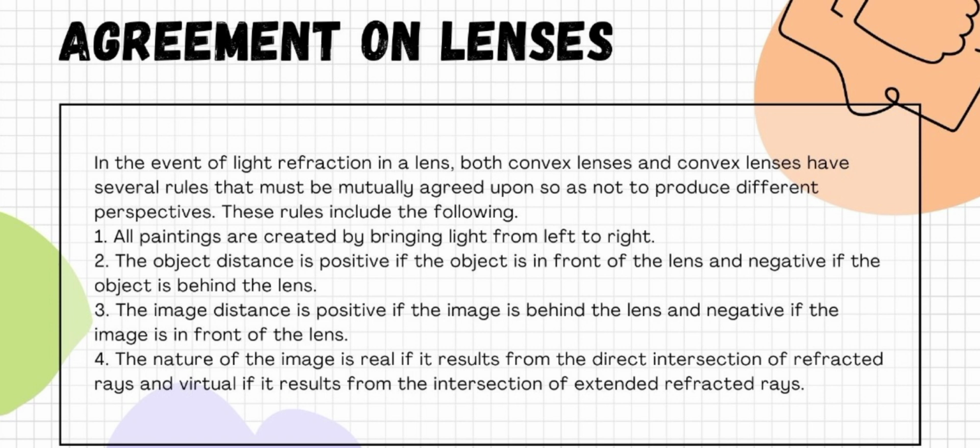Number 3. The image distance is positive if the image is behind the lens and negative if the image is in front of the lens. And number 4. The nature of the image is real if it results from the direct intersection of refracted rays and virtual if it results from the intersection of extended refracted rays.